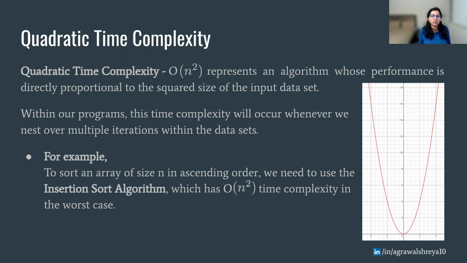Maybe we don't need to perform all computations because the array is already 90% sorted, and you just need to perform 2 or 3 operations. That will be the best case, obviously, but we will always focus on worst case complexity. Whenever we are doing all the computations, it will become n square in this case.